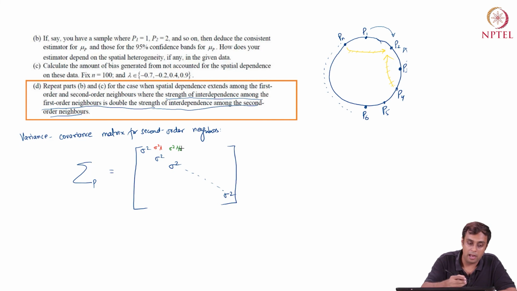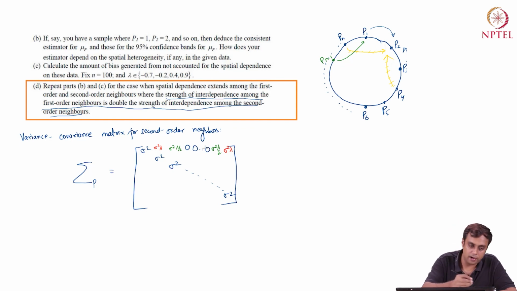And if I keep going forward, you will realize that 1 will also have a spillover from location n minus 1. So you will have sigma squared lambda by 2 and sigma squared lambda to top it off. All others are zeros.